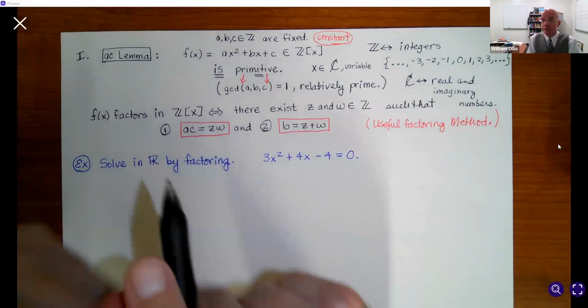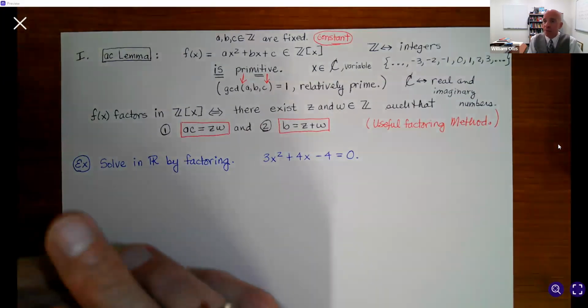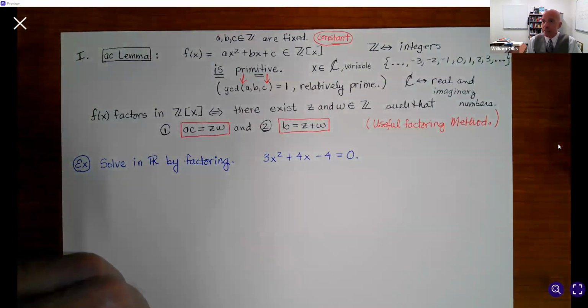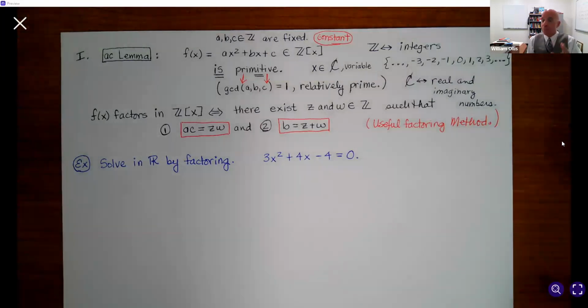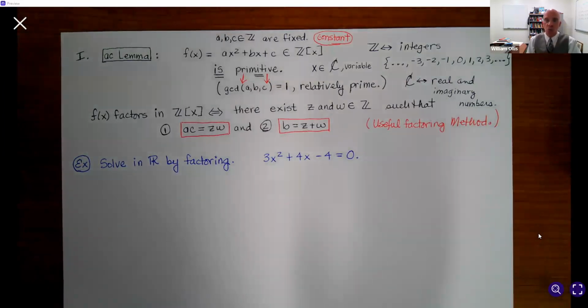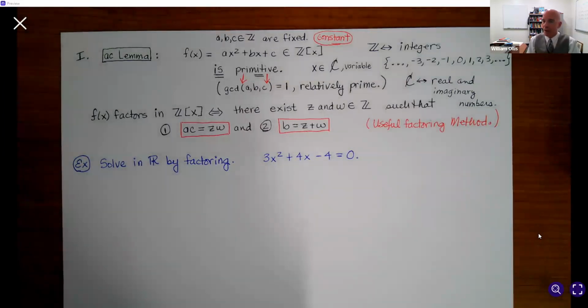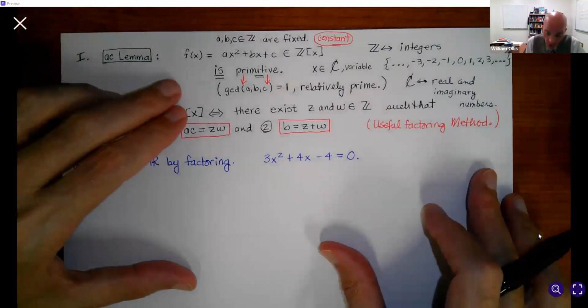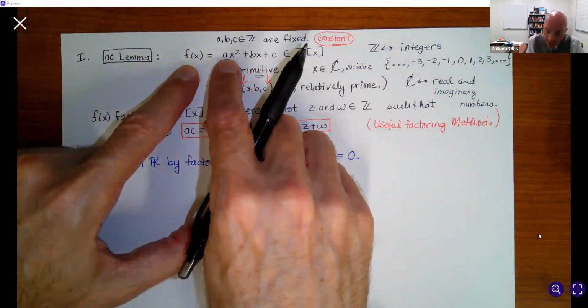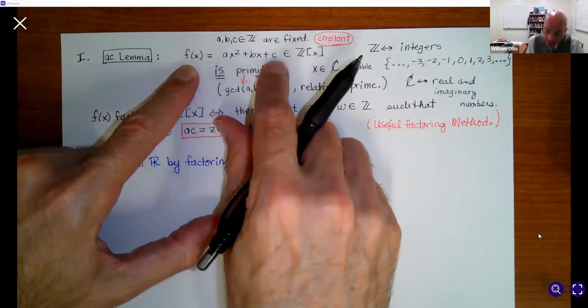So if you start out a theorem by saying alpha is fixed, that means the representation alpha has a value that never changes. That's just a way of describing what we mean by constant, or you could just say they're constants. So we have the expression or function ax squared plus bx plus c.